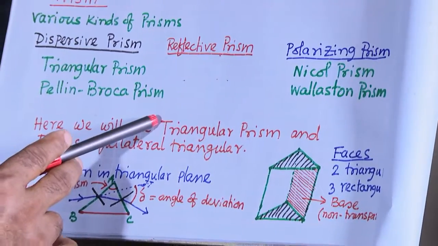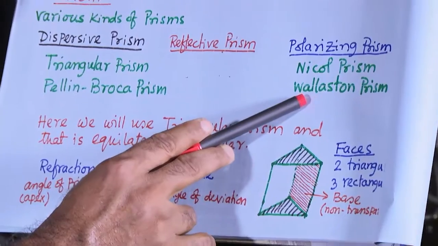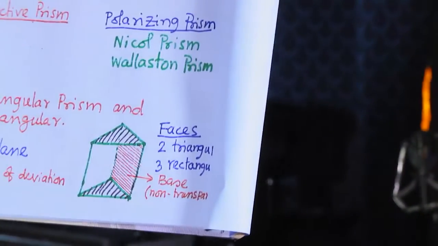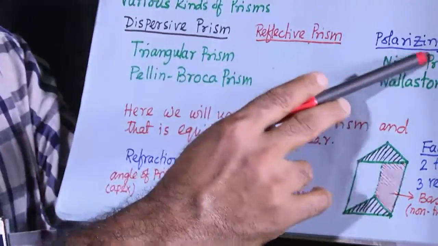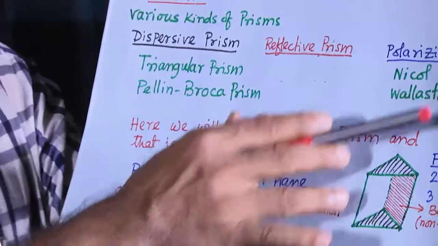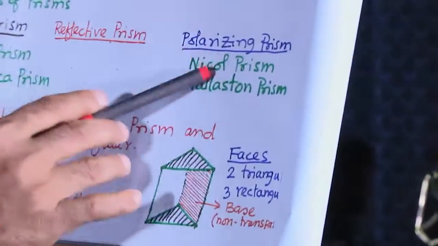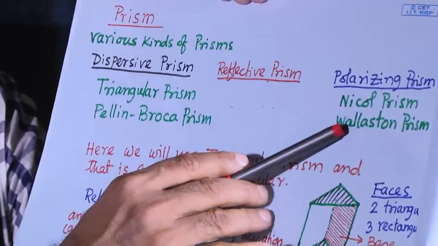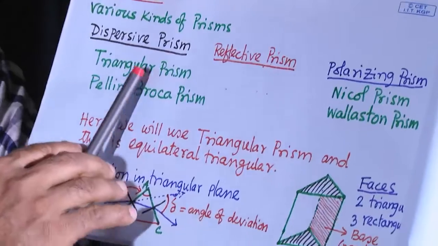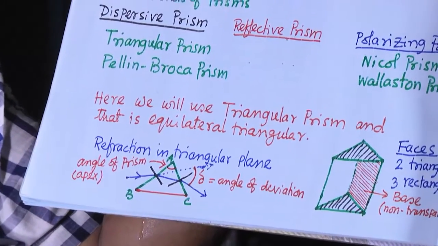Polarizing prisms: Nicol prism, Wollaston prism. These 4 names I have written here because I have used these 4 types of prism. There are many types, but I mention only these 4 because I have used them and probably I will use those prisms for different experiments in optics and show you.